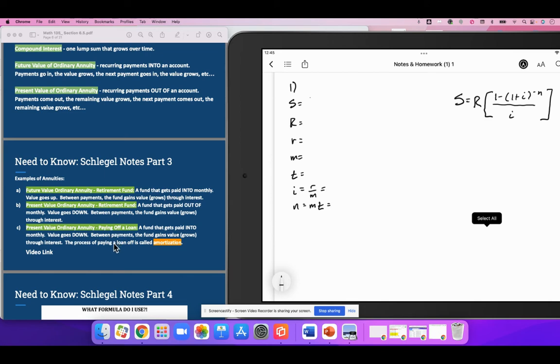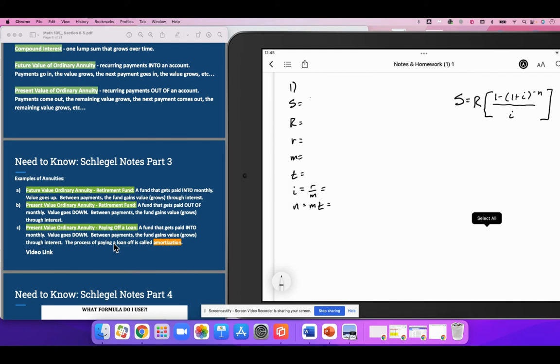A loan is a lump sum of money that you borrow, and then you pay each month, or whatever the period is, to pay the value of the loan down. So ideally, each month that you make a payment, the amount of your loan is getting smaller. And so from our perspective, we are paying into it, and so the value goes down.